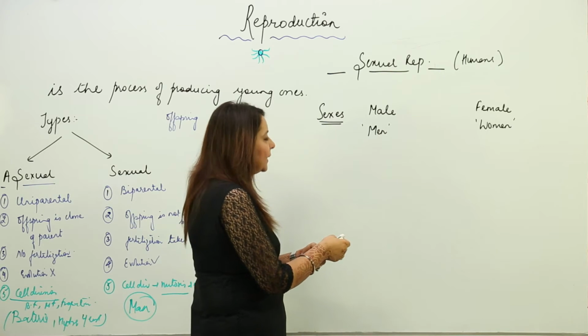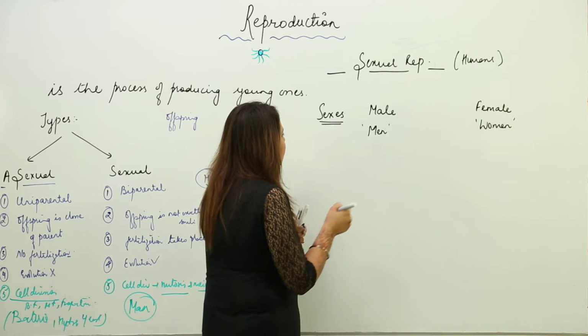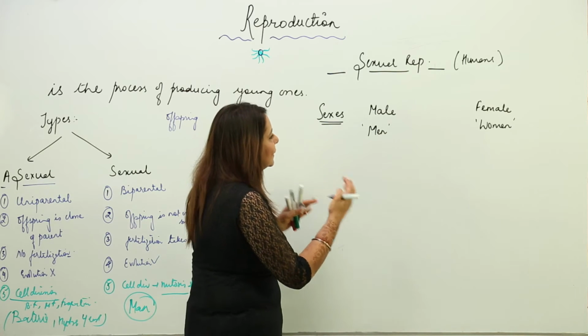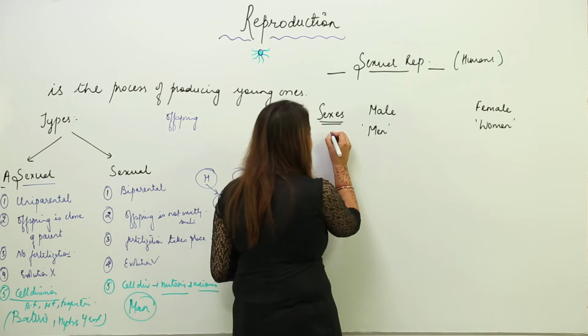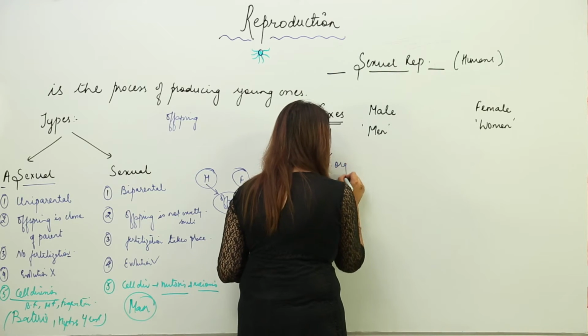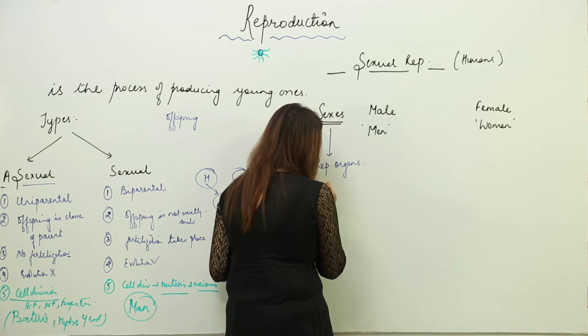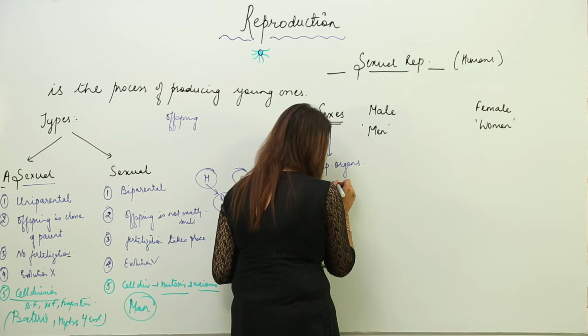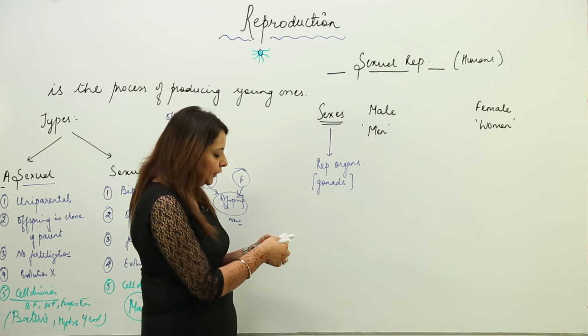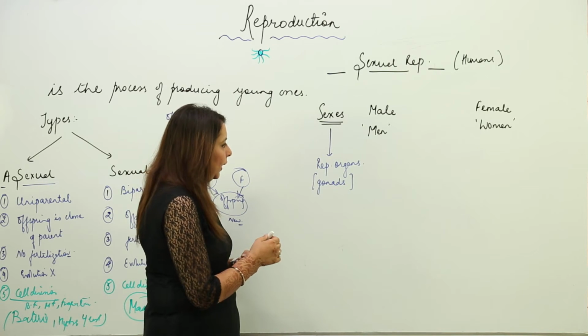Because we have different sexes, they have reproductive organs, and these reproductive organs have been assigned a special name, that is gonads. So this is the other name for the reproductive organs, the gonad.